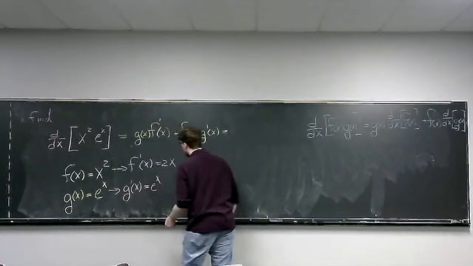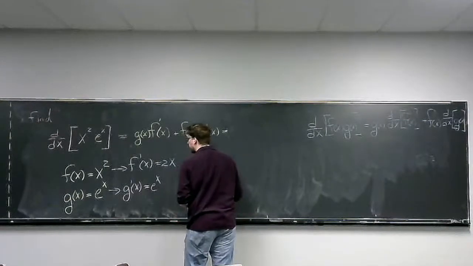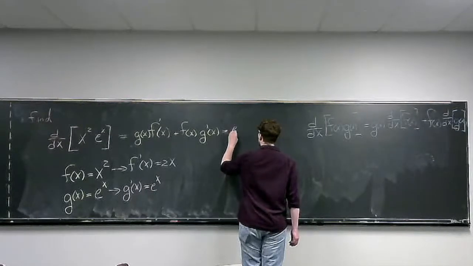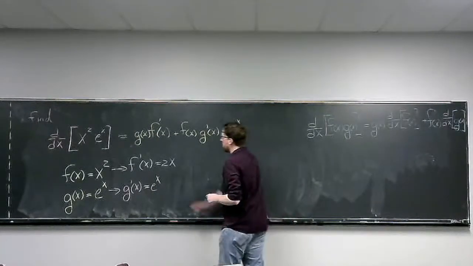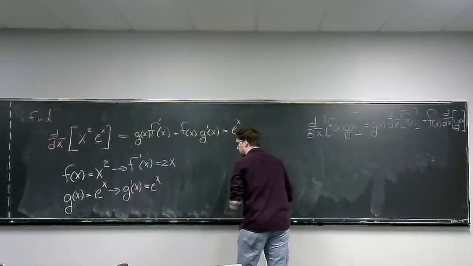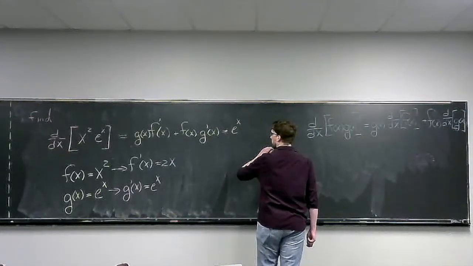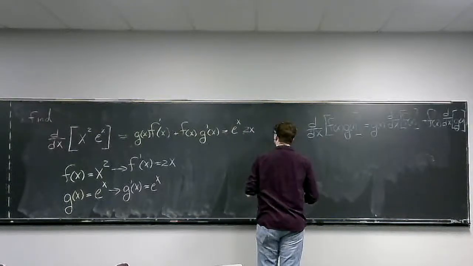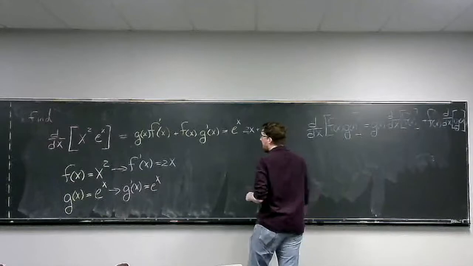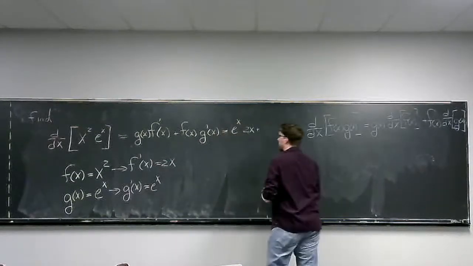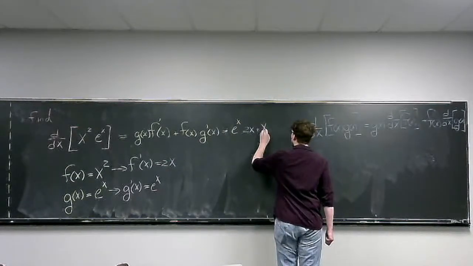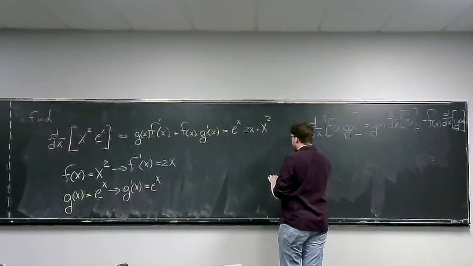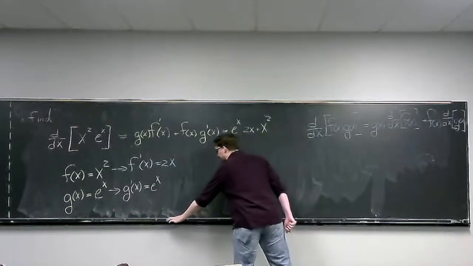Well, g of x, we said, is equal to e to the x. F primed of x, we said, is equal to 2x. F of x is equal to x squared. And g primed of x is equal to e to the x.